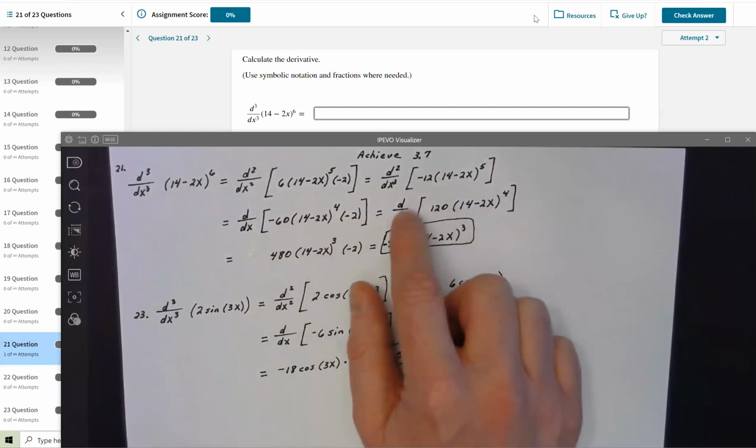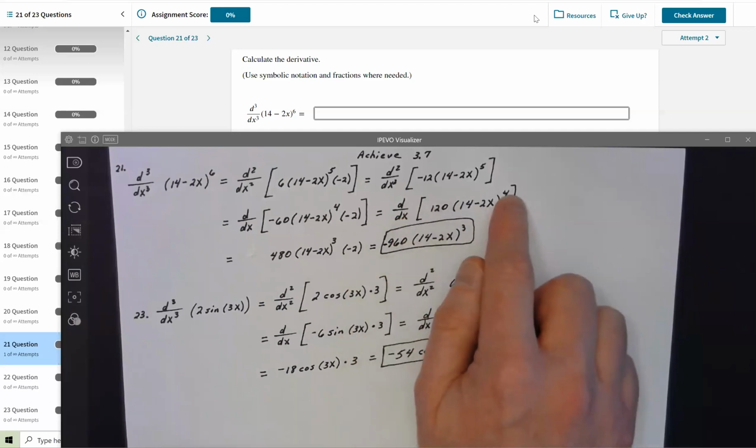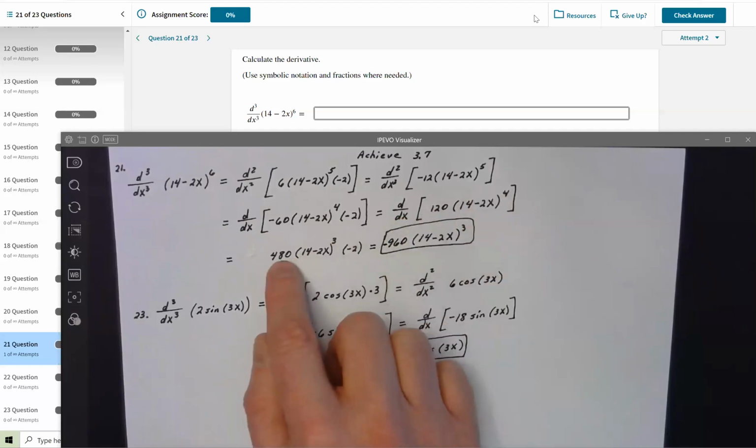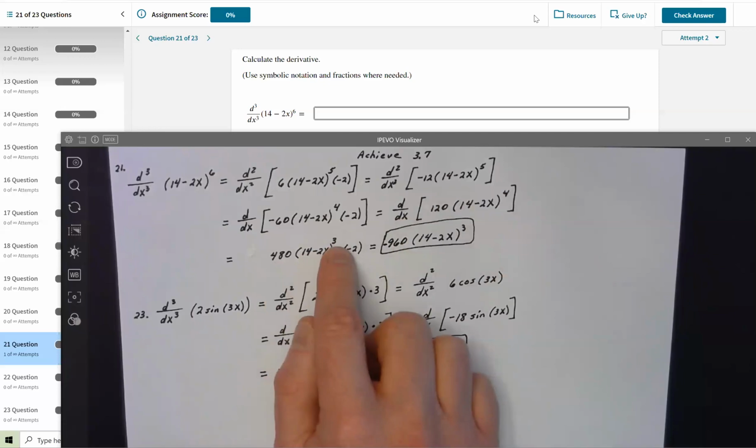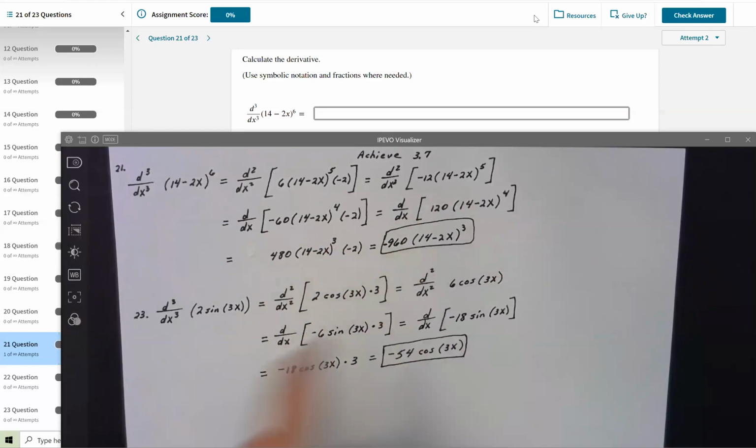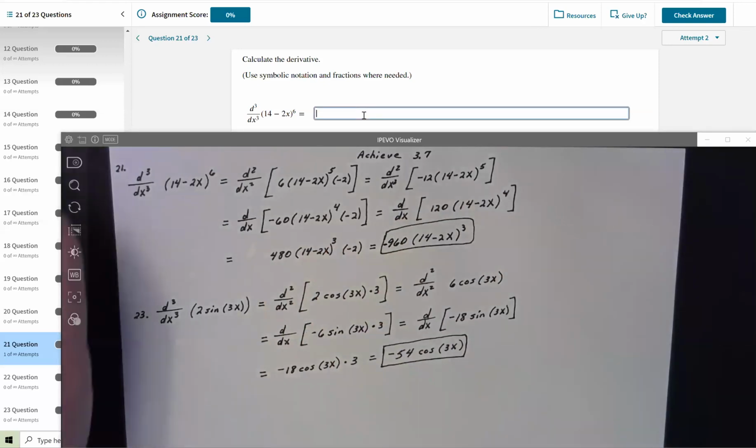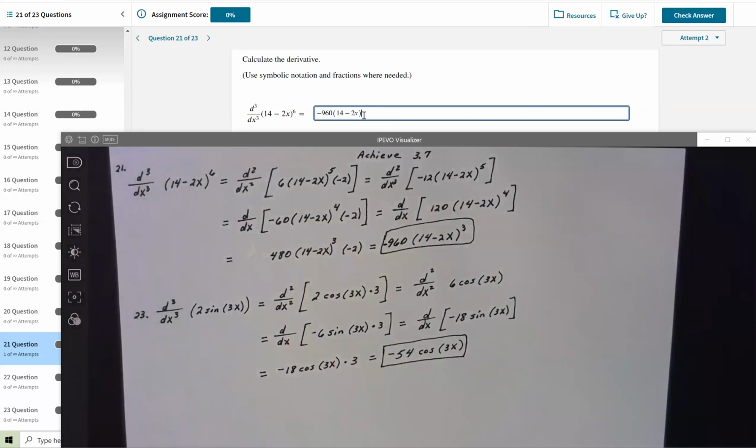Now I still need to take the derivative one last time. 4 times 120 is 480, times the group to the third, times the derivative of the inside, negative 2, should give us a negative 960 times this group to the third power, negative 960 times the group 14 minus 2x. And we know that that group is raised to the third power.